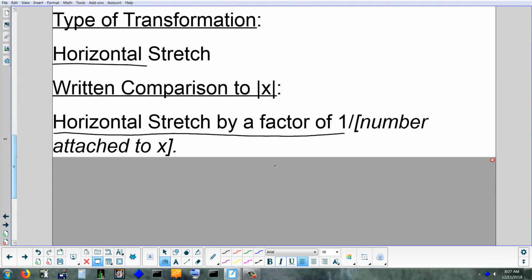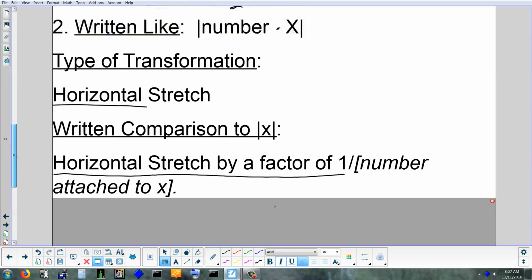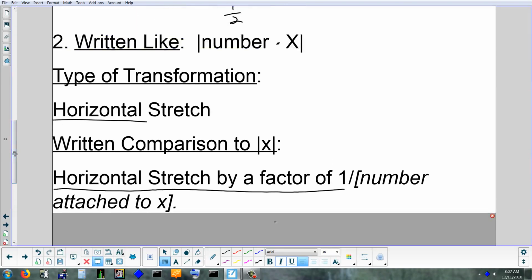So there's one more type of transformation. We did shifts, we did stretch, and what's the last one? Vertical. We're going to get to vertical in a second, but there's one more under horizontal. Reflection. Does anybody remember what symbol you usually see when there's a reflection? A negative. So you're going to see a negative inside.